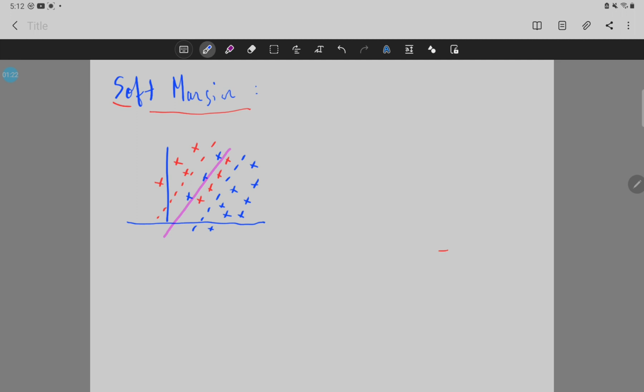In the SVM, what they do is introduce what is called the slack variable. Let's call it sigma i. Sigma i is in one way related to errors.